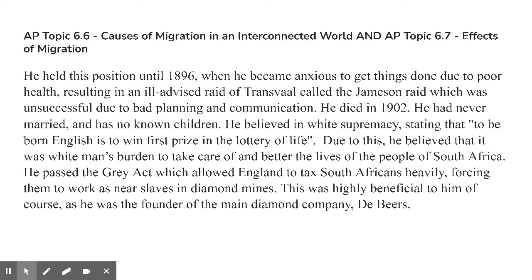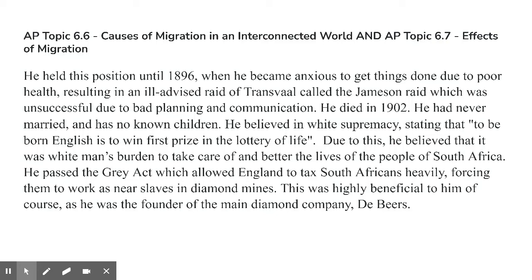He held that position until 1896, when he became sick, and due to this, he became very anxious to get things done. He rushed a lot of his plans, resulting in an ill-advised raid of Transvaal called the Jameson Raid, which was unsuccessful due to bad planning and communication. He died in 1902. He had never married and has no known children.